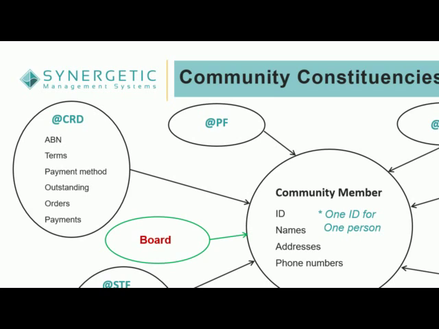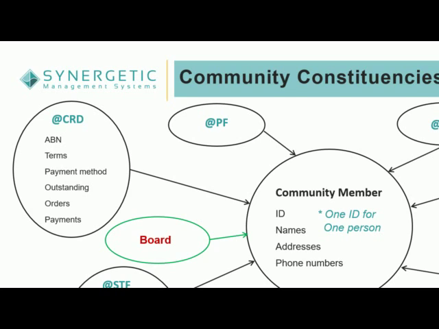Okay. So they're all system generated constituencies or codes, so they're not actually manually allocated. They get that code allocated depending on what process is performed.